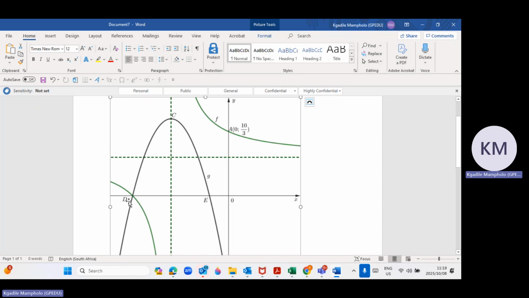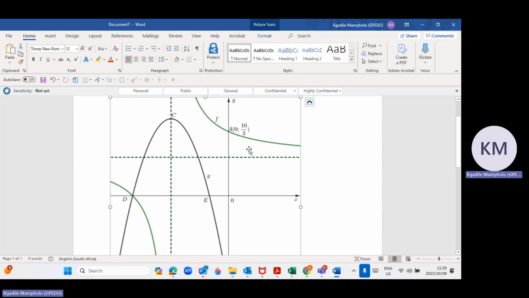But we don't know D and E. But we know that if we can determine one of them, we'll use the midpoint formula to get the other. Because this line of symmetry is at the midpoint of D and E, as it cuts the graph into two equal parts. So we have to determine either D or E. But in this case, we can't find E, because E does not intersect with the hyperbola.